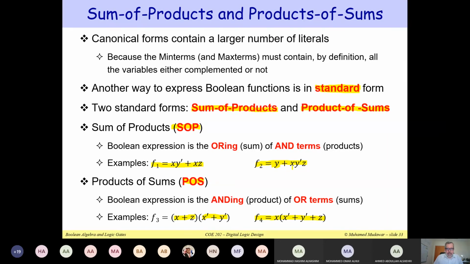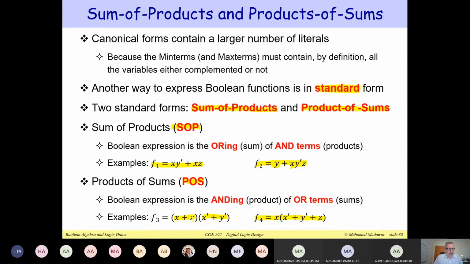Some of these terms might be minterms, but not all of them. Sometimes there is no minterm, just terms. So these are more simplified expressions. We call them sum of products, or we can also have product of sums. Here, when I look at the term, it's an OR term, and it's not a maxterm because not all the variables exist.